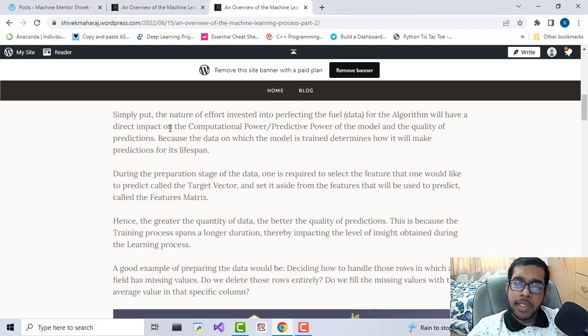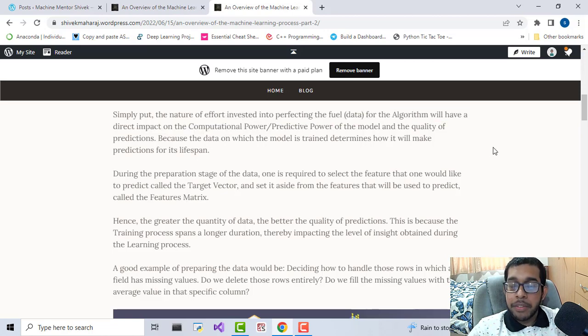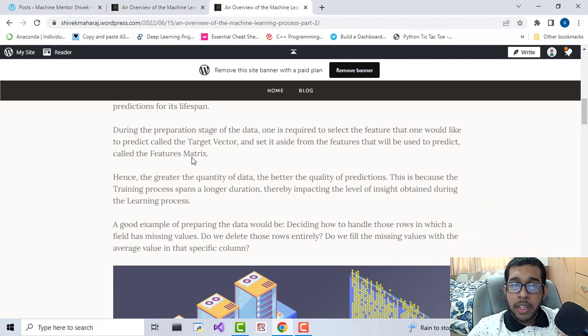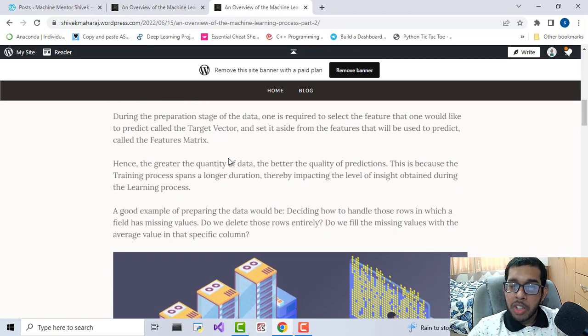Simply put, the nature of effort invested into perfecting the fuel, the data, for the algorithm will have a direct impact on the computational power or predictive power of the model and the quality of predictions. Because the data on which the model is trained determines how it will make predictions for the rest of its lifespan. So this is exactly why the data preparation phase is one of the most crucial.